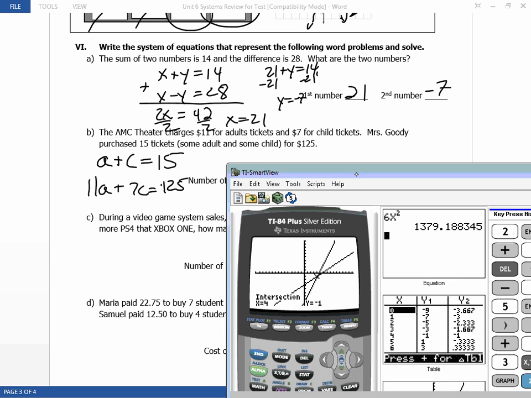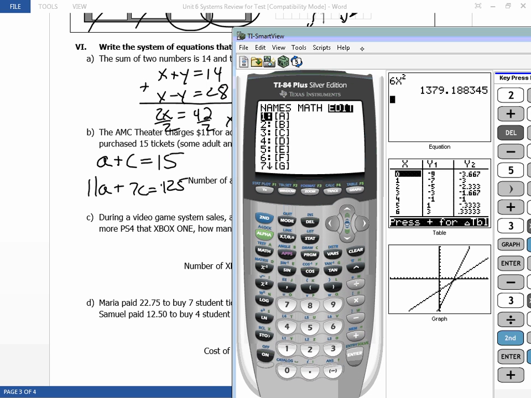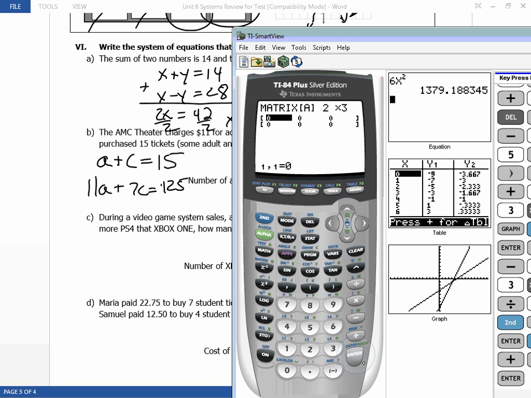But if we want to do it using the matrices, what you do is you go to Matrix, Edit, and you put in, oops, sorry, I gotta go close that up. You put in the coefficients of the problem. So 1, 1, 15, 11, 7, 125.